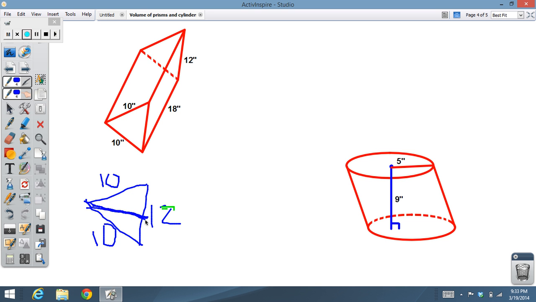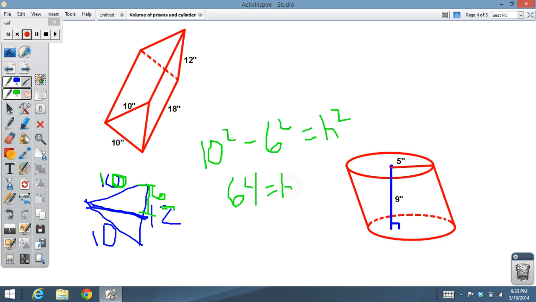Some of you may already be ahead of me, you know that this is 6, from here to here. And if this is 10, the Pythagorean Theorem tells us that 10 squared minus 6 squared must be the height squared. 100 minus 36, 64, equals h squared. H equals 8.